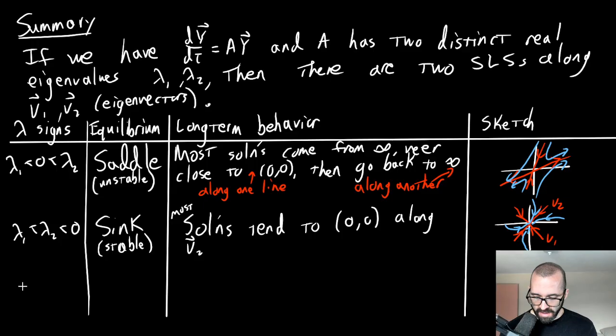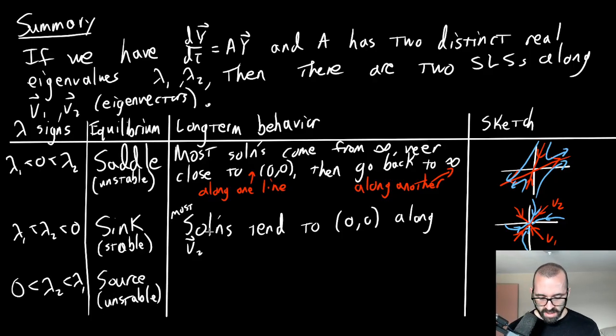And finally, we have something very, very similar for sources. Again, we'll let lambda 2 be the one that's closer to 0, and lambda 1 be the one that's further from 0. This will be a source. It's what's known as unstable. And we're going to say the exact same thing, just opposite.